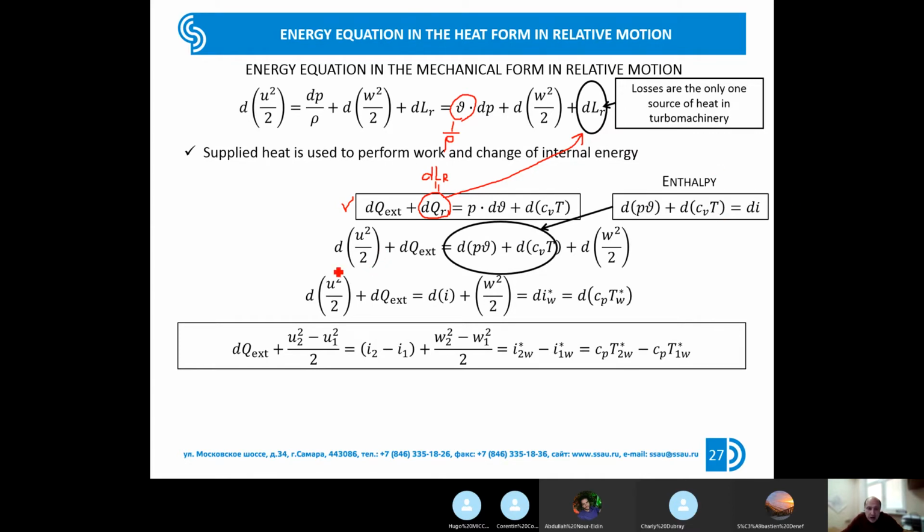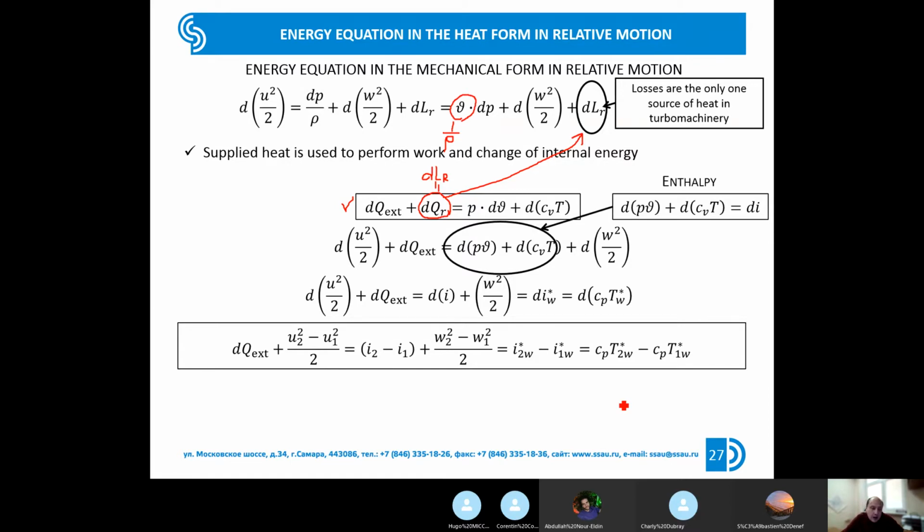And finally, we receive this equation, and we remember that the first two terms are the enthalpy. After all the conversion, we receive this equation, which is called the energy equation in heat form in relative motion.